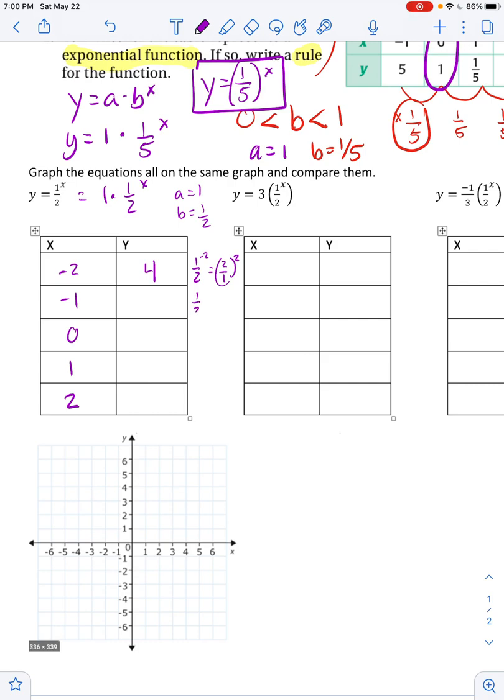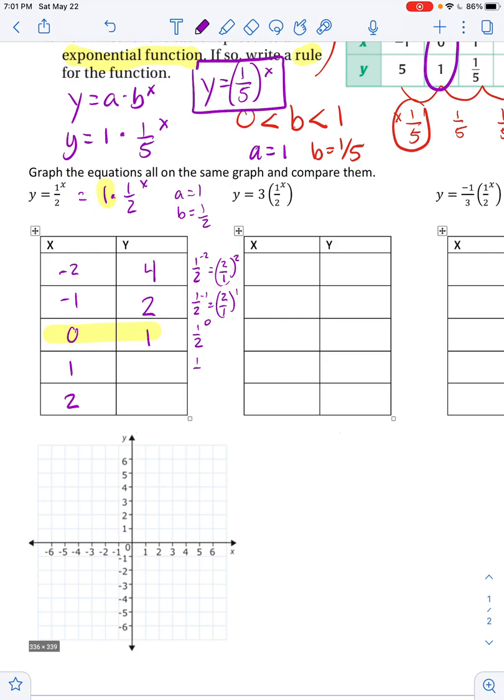If I have -1 as a power, I can flip that over and have it be 2 over 1 to the +1, which would just be 2. If it's to the 0 power, 1/2 to the 0 power, anything to the 0 power is 1. Well, that matches what I thought I was going to get as my a value.